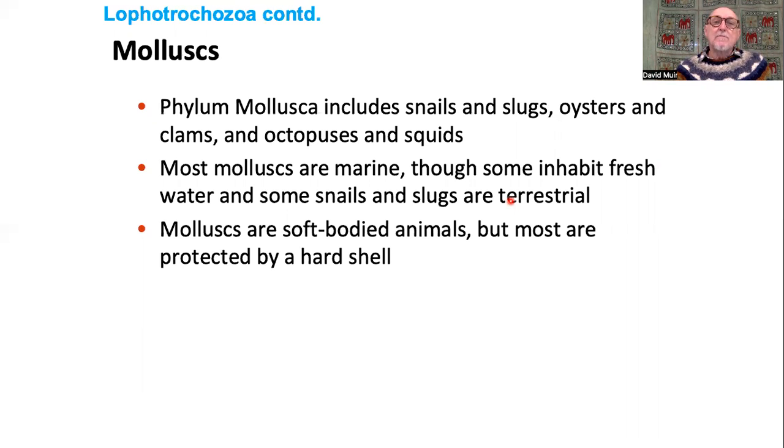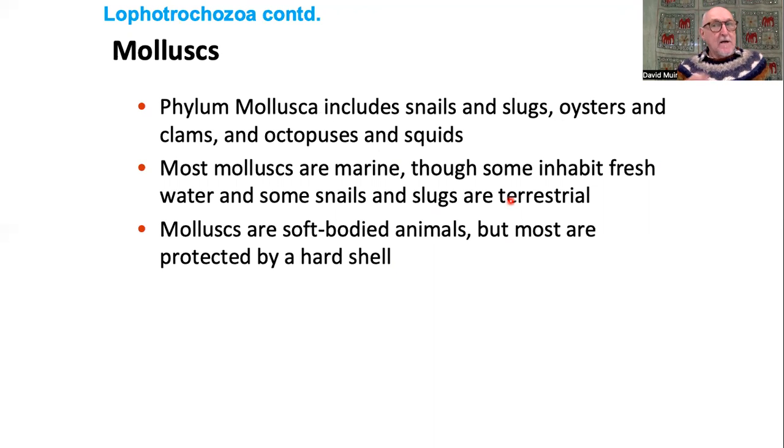Now, most mollusks and the most molluscan diversity occurs in marine systems, but there are some freshwater mollusks as well, as you probably know. And we, of course, on land have slugs and snails, which are also mollusks.